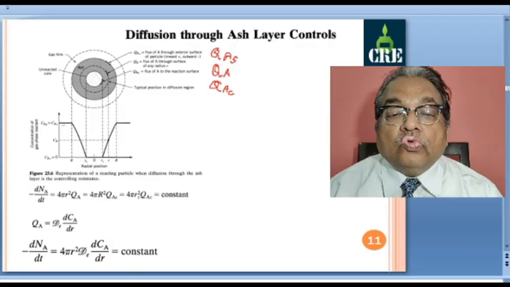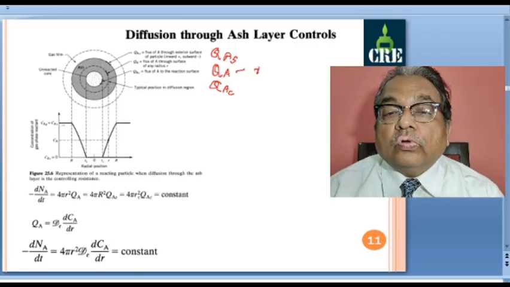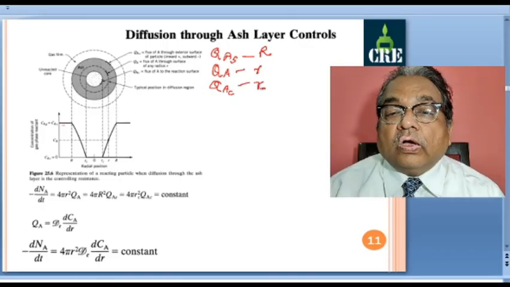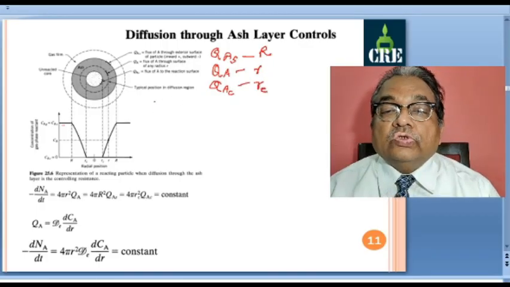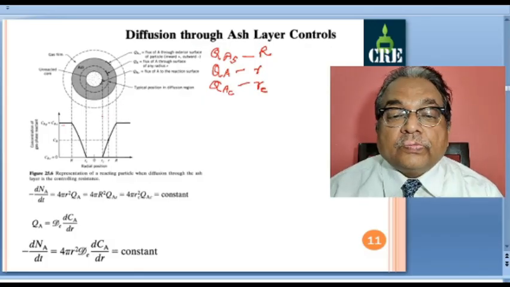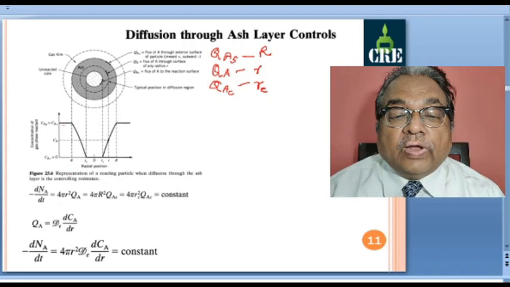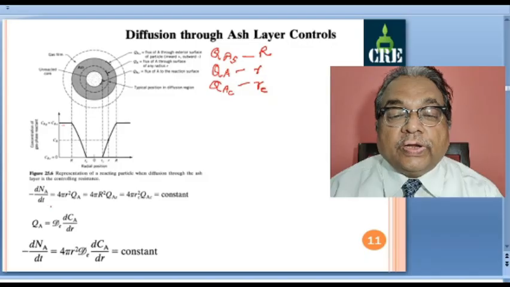Now, QA corresponds to small r, QAS corresponds to capital R, and QAC corresponds to RC. So the flux is written in equivalent form of dNA by dt, the change in number of moles per unit time.